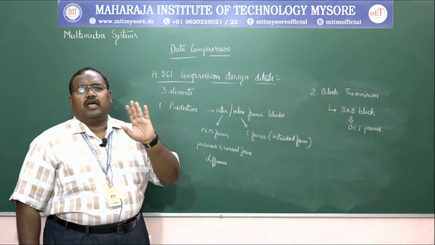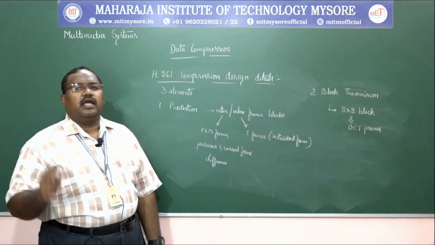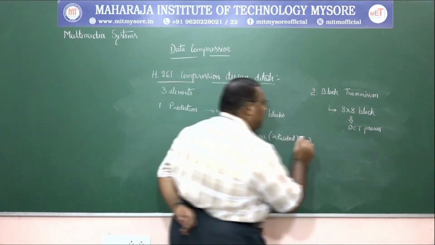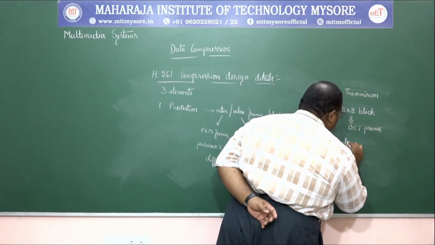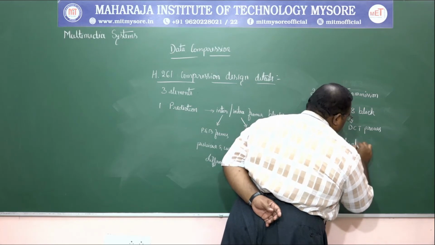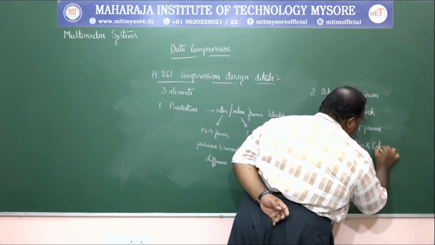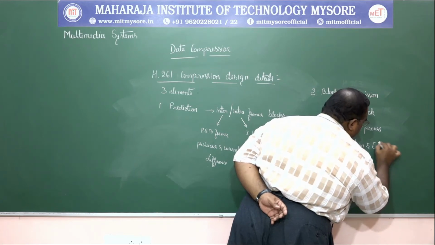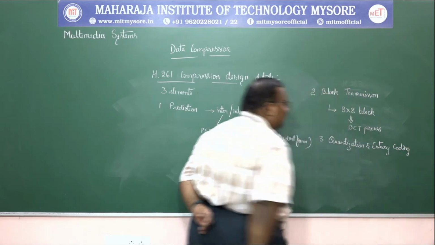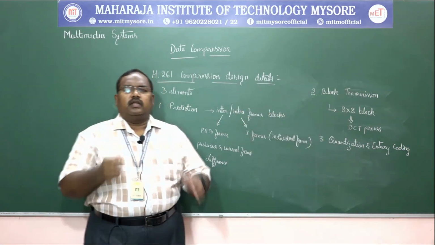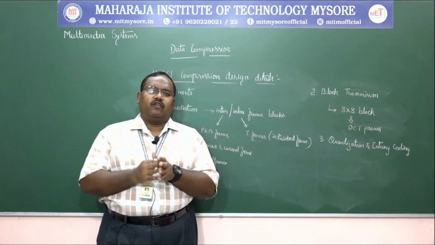Finally, the third step in the design is called quantization and entropy coding. Here we compress a range of values into single quantum values.